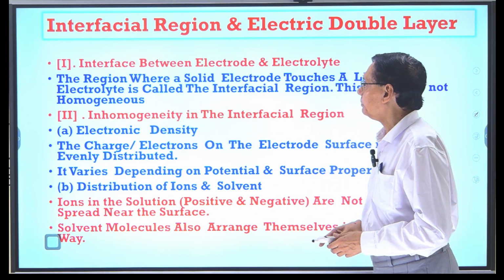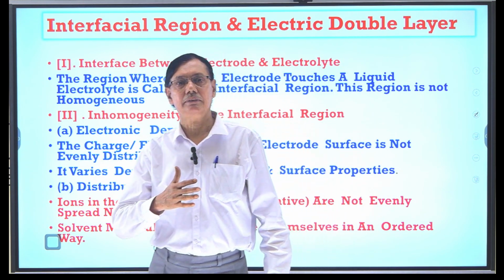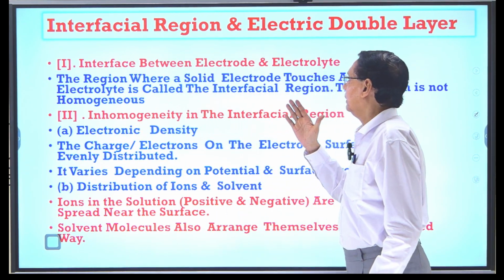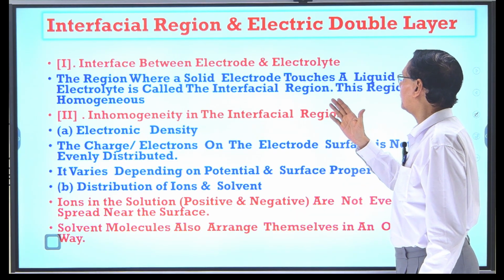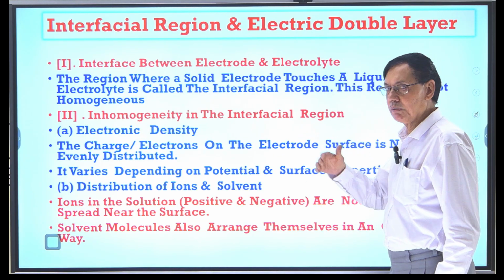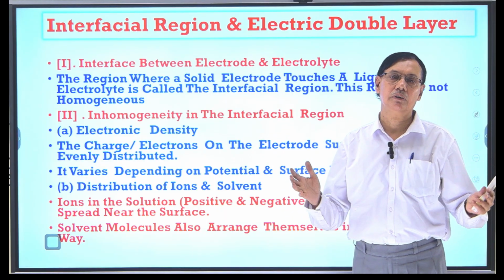Now, I am coming to various factors. Number one is that interface between electrode and electrolyte. The reason, इसके बाद मैं कुछ photographs दिखाऊंगा, then you can understand the actual definition of the interface.